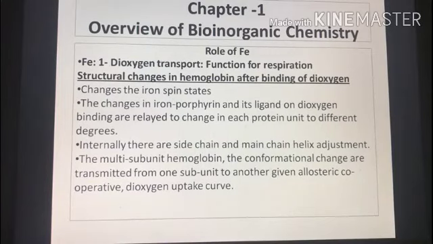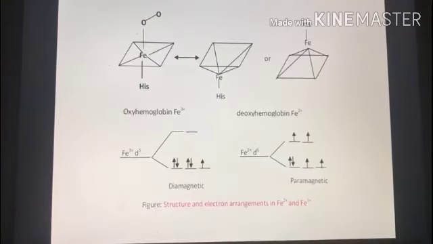When a high spin Fe2+, that is about 0.4 angstrom unit above the plane of the porphyrin ring, is bound to oxygen, it shrinks in size. Here you can see in this structure.